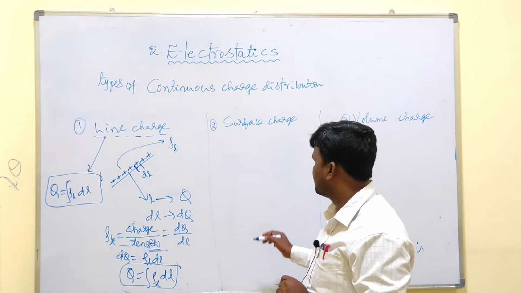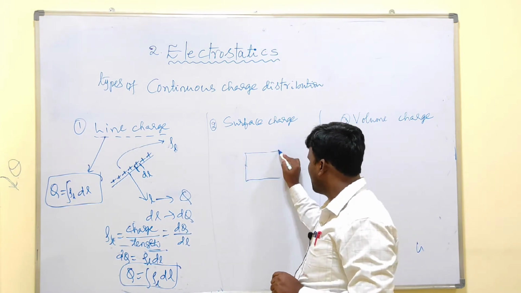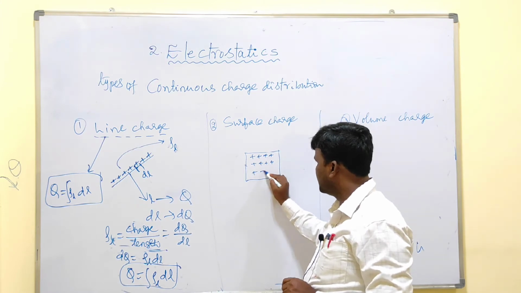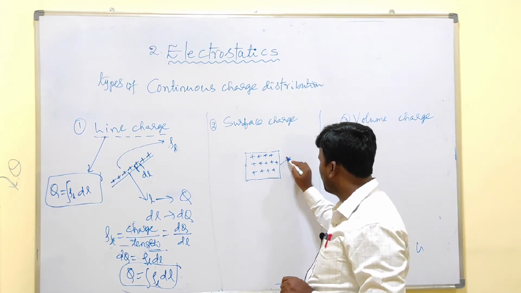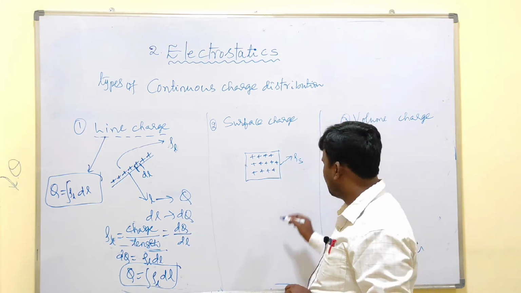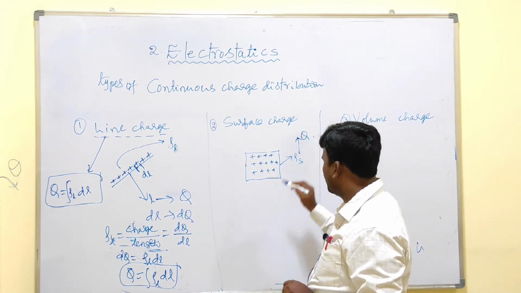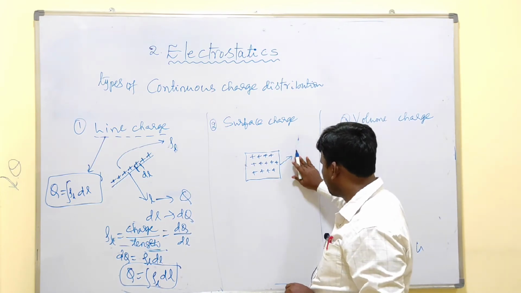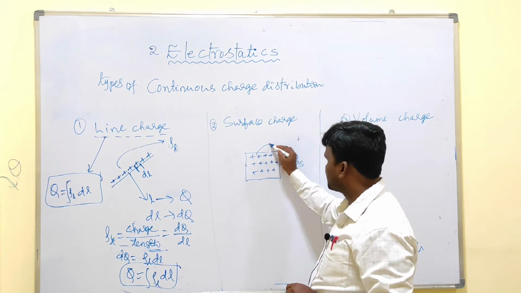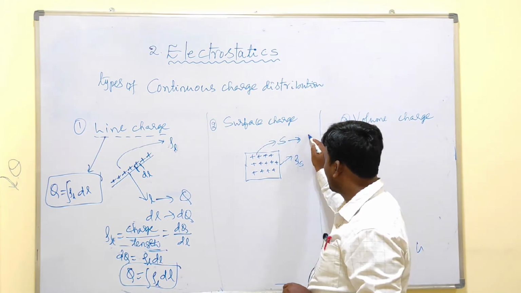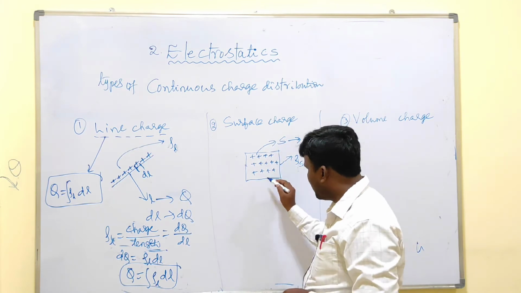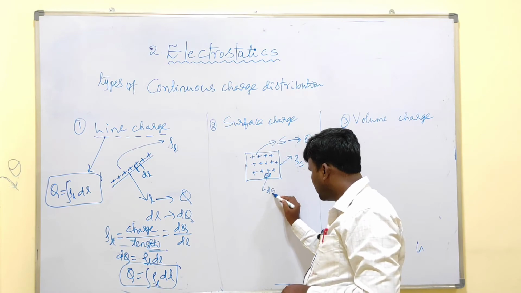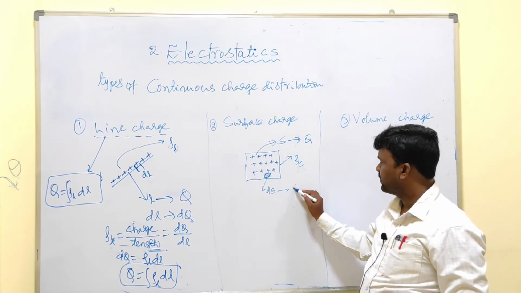Similarly, for surface charge, charge is uniformly distributed throughout the surface with uniform charge density rho s. That means for this rho s, the total charge is Q. The surface area of this one is S, and for S we get total charge Q. If you divide this surface into equal parts ds, this ds gives dq.